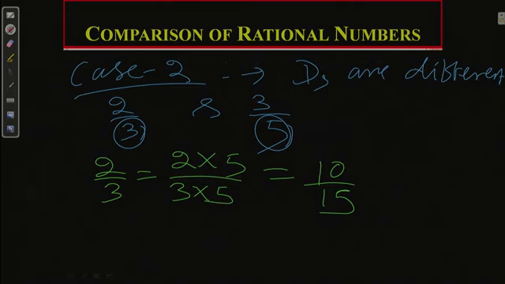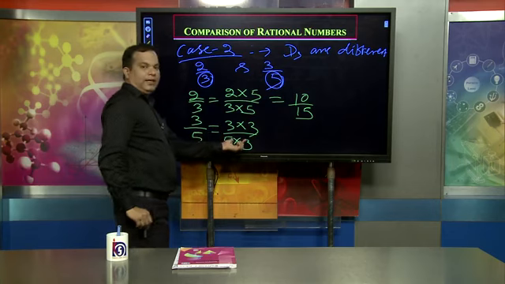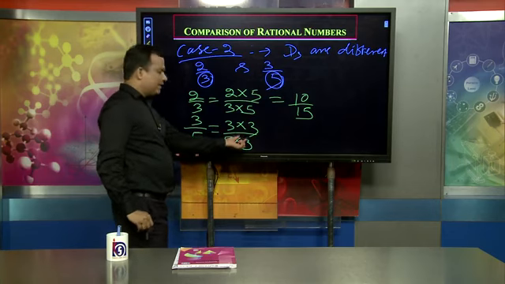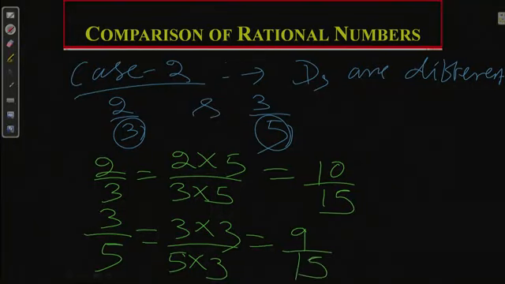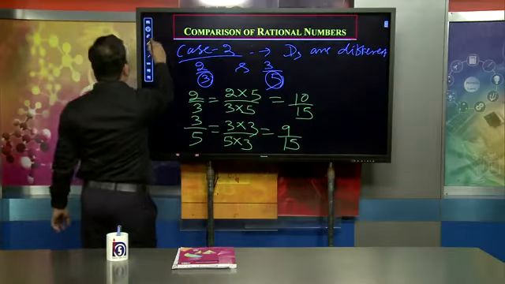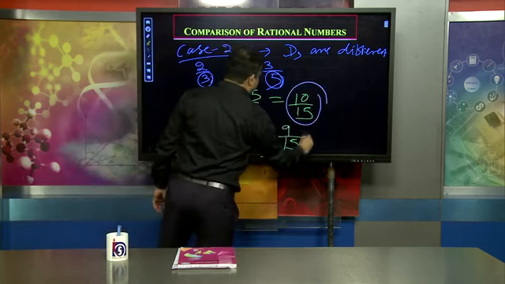Second, 3 by 5. I can write 5 into 3 equals 3 into 3, because multiplying by 3, the constant quantity, you will get 9 by 15. Now we have got two quantities, 10 by 15 and 9 by 15.